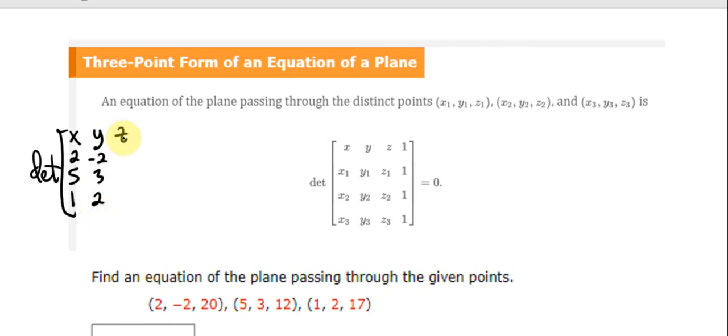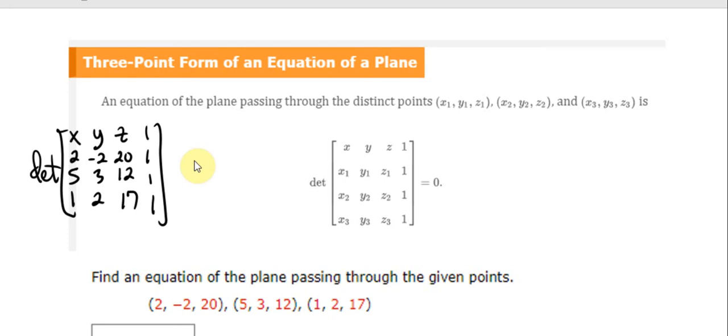Then the z values are 20, 12, 17, and then 1, 1, 1, 1. We set that equal to 0, or you can just plug it in your graphing calculator without this, and once you get the result, set it equal to 0 and solve.